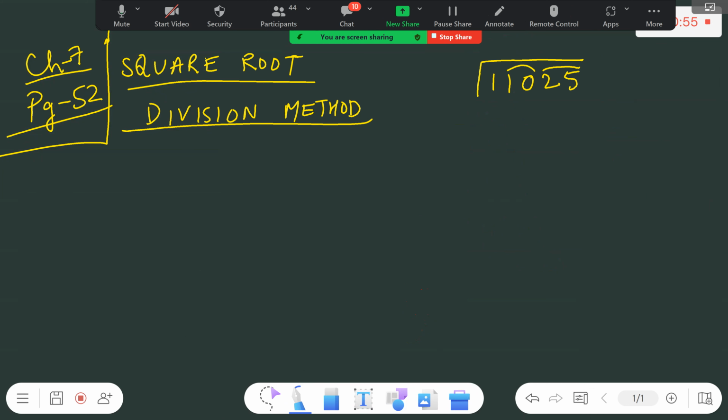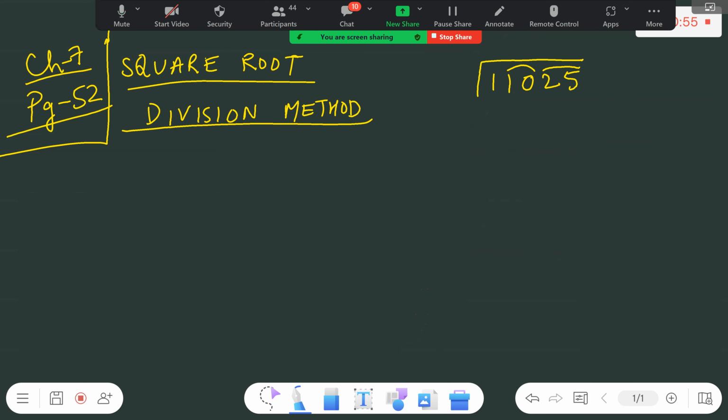Next, you have to again find a digit here such that the same digit you put in the quotient. 200 something will come now, isn't it? Yes, sir. 200 something into that should be less than or equal to 1025, your new dividend.